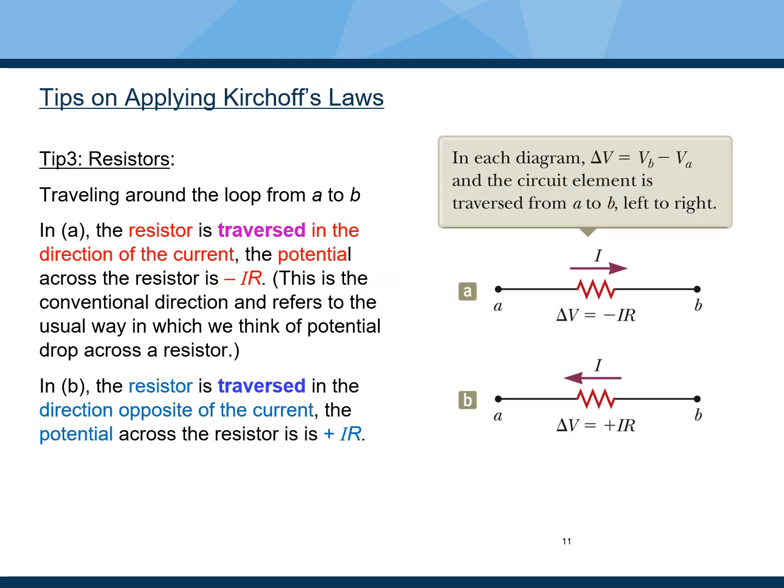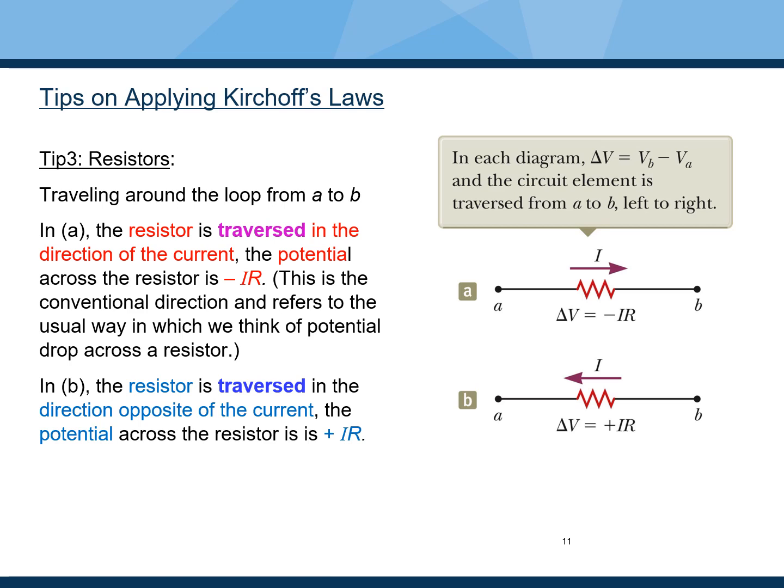The third tip actually begins to teach us about how to deal with resistors if we're traversing them in a certain direction or in another direction. So imagine figure A, which says that we're traversing this resistor from the point A to the point B. And we've drawn the current direction to be going from left to right.